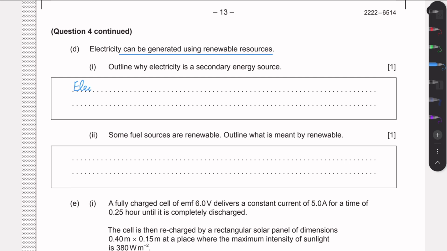So electricity is generated, and we require other forms of energy to produce it.